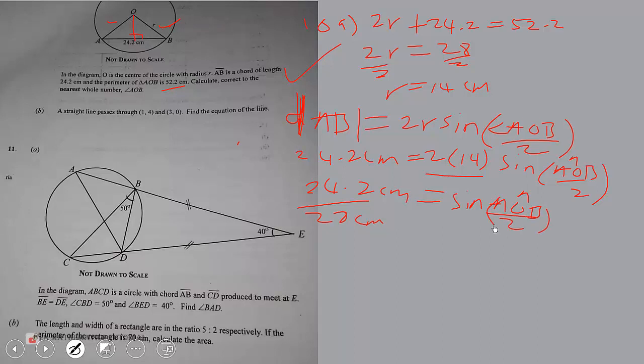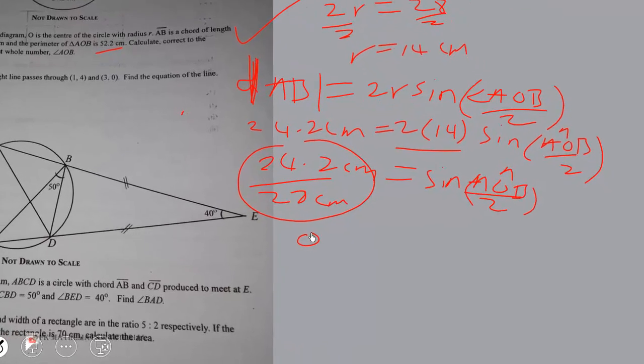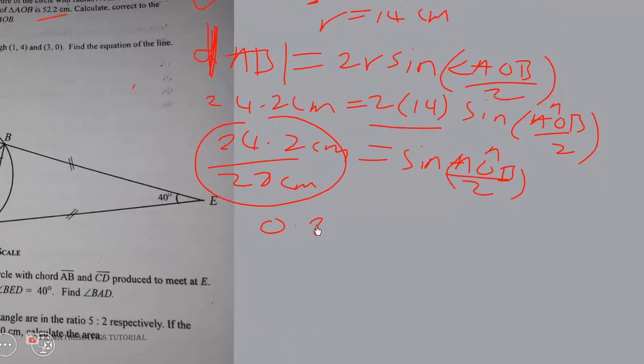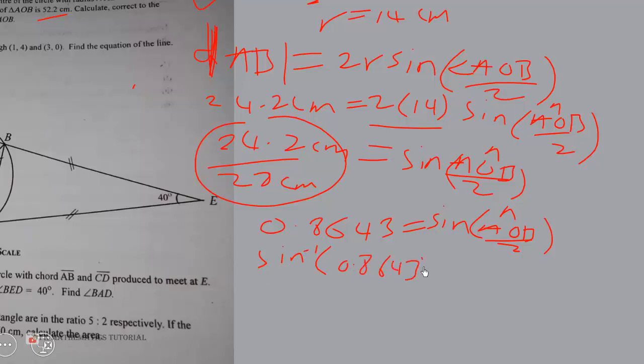So when you divide this on your calculator, you should get something like 0.8643, which is equal to sine of angle AOB over 2. So sine inverse of 0.8643 is equal to angle AOB over 2.